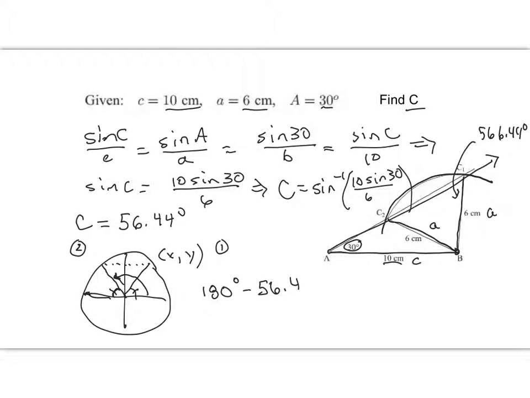So it's 180 degrees minus 56.44, and that's going to give me my second possible angle. And that gives me an angle of 123.56 degrees. So there are two possible triangles, and if you look at the diagram, you can see that that possible angle would fit here. So there are two possible triangles in this scenario.